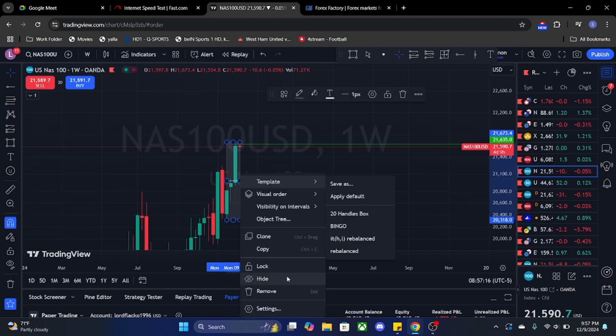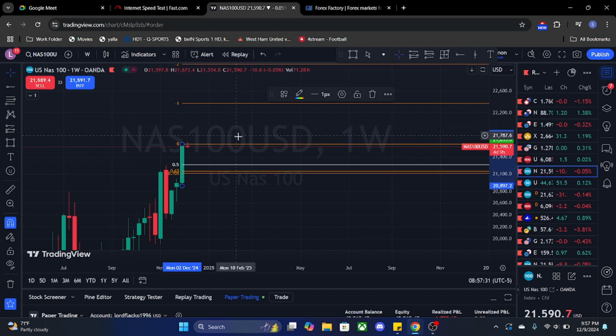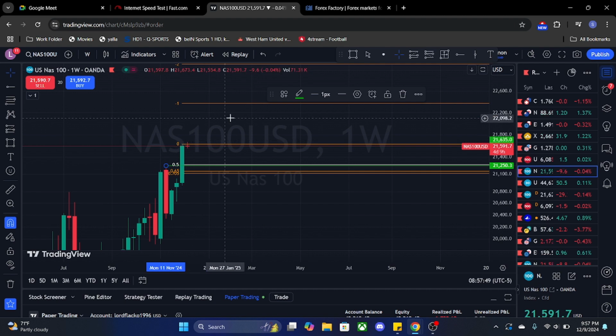So for now, I can use this sweep of last week's high as my guide, and then use this candle's 50% as my first target before I look for anything else. This 50% lies near this order block, which can be used to bounce off, and price can come back after any kind of retracement and then go above the price that we just made.